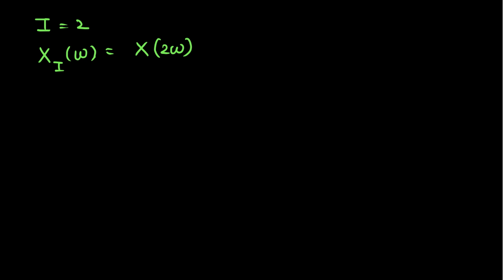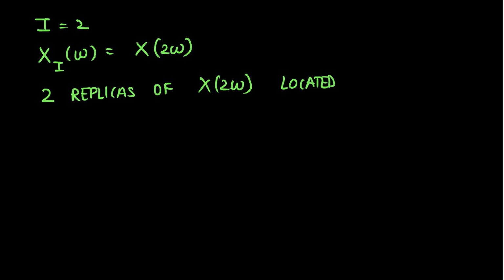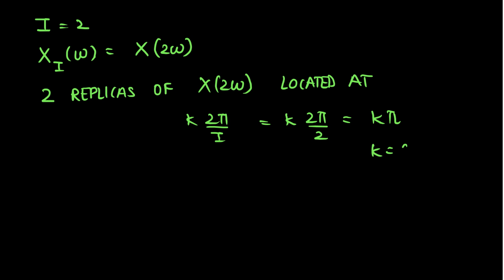So we would be having two replicas of X(2 omega) located at k into 2 pi by I, which is equal to k into 2 pi by 2, which is k pi, and this k will be taking the values 0 and 1, because this 1 is basically I minus 1, which is 2 minus 1. So this is what we have.